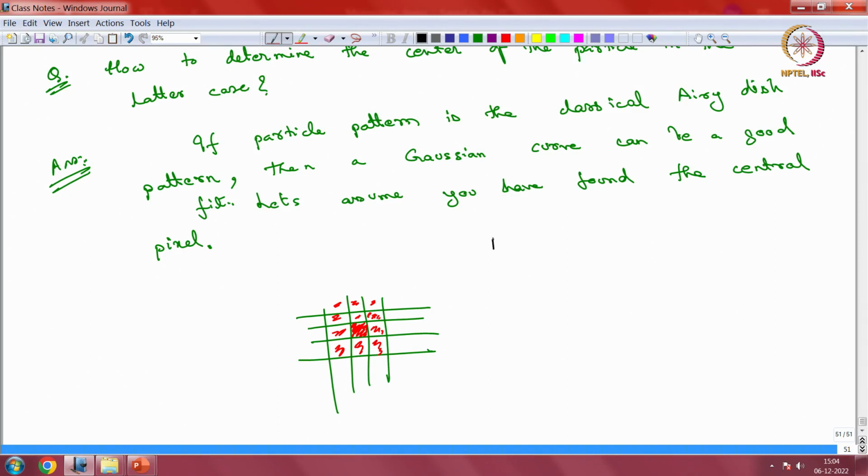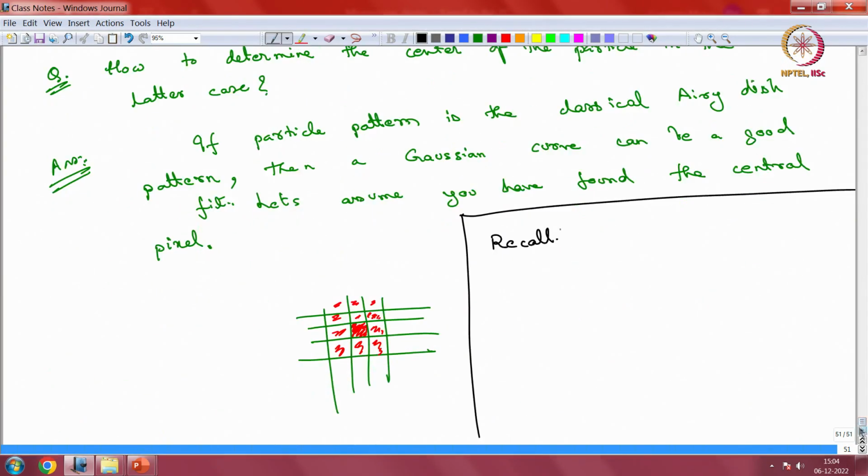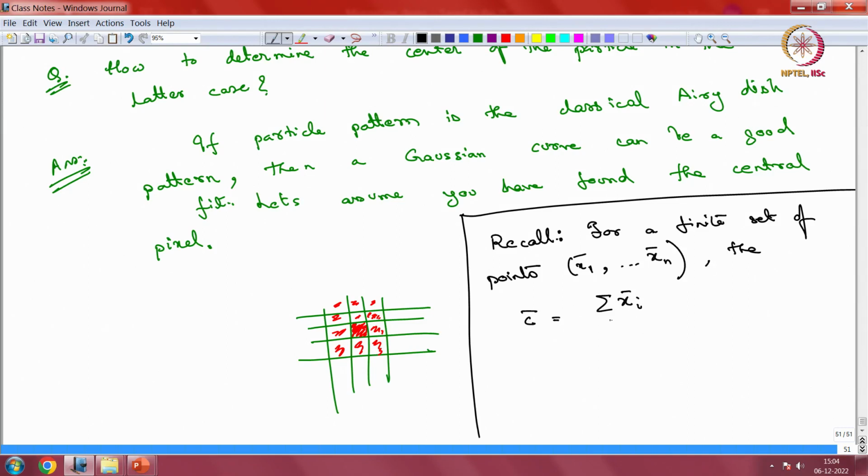Now, if you recall, I am just going to take a quick mathematical detour here. Recall, for a finite set of points x1 to xn, the centroid is, if C is the centroid, nothing but summation xi by n, right.